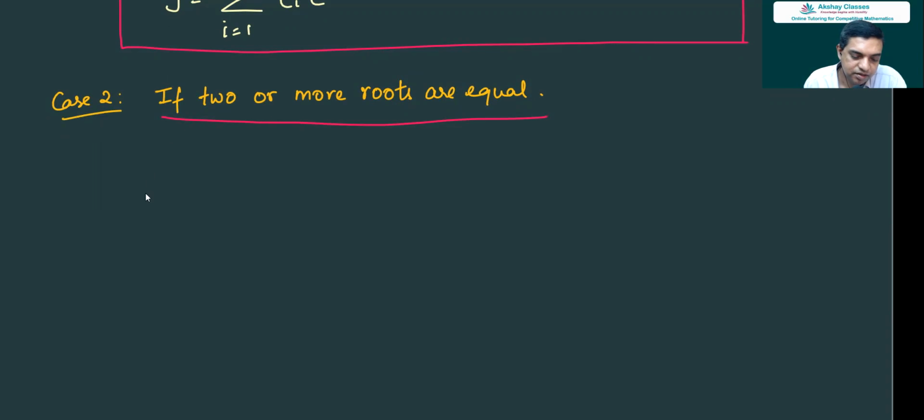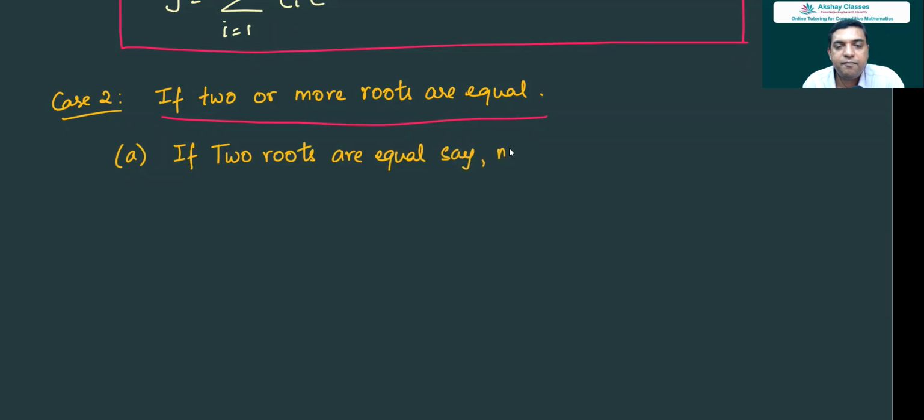So let us take a sub case in this. If two roots are equal, say m1 is equal to m2, but all others are different, let us say, then what we get is this.